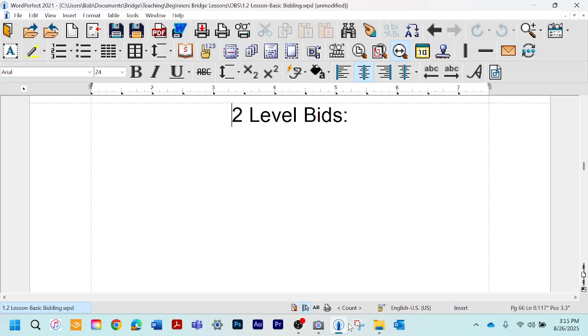So the two level was a very strong bid back then. But since that time, bridge experts have decided that the weaker bids, the preemptive bids, are more advantageous than the rare occasion when you have what we call a barn burner of a hand. So they've taken all the strong bids and moved them to one strong bid. And that strong bid is two clubs. And it's conventional.